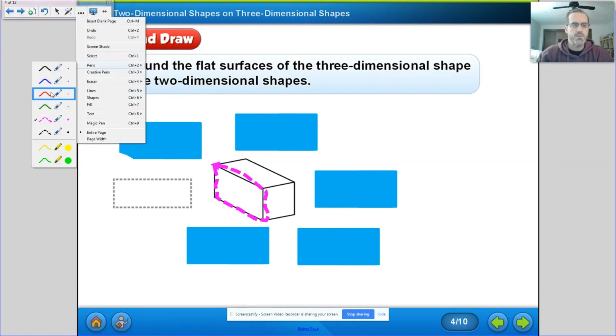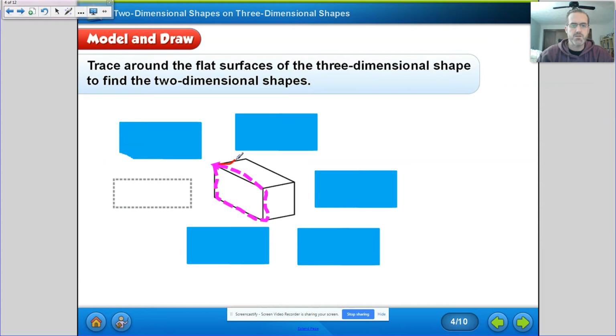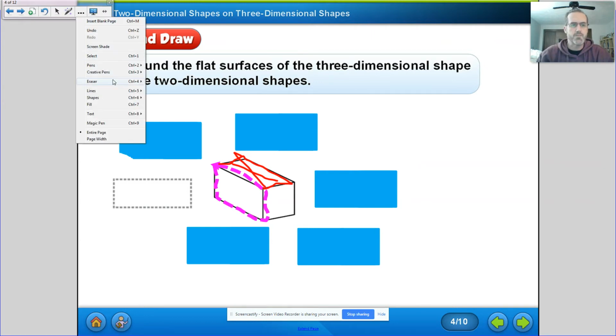Let's get another pen. How about this one here? Let's trace around this flat surface. Now, if we were going to lay this down and we laid it here, we wouldn't be able to push it over. It would be stable. You can lay it on its flat surface. And let's check what that one is.